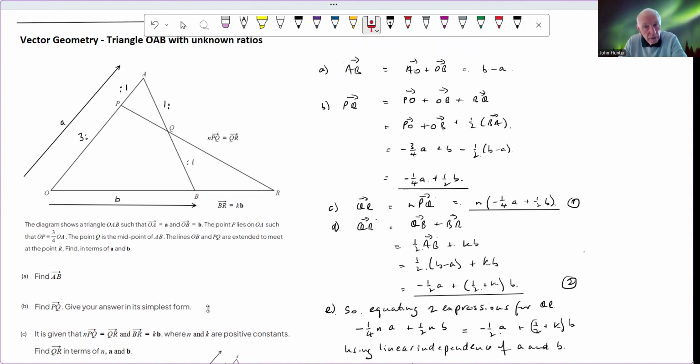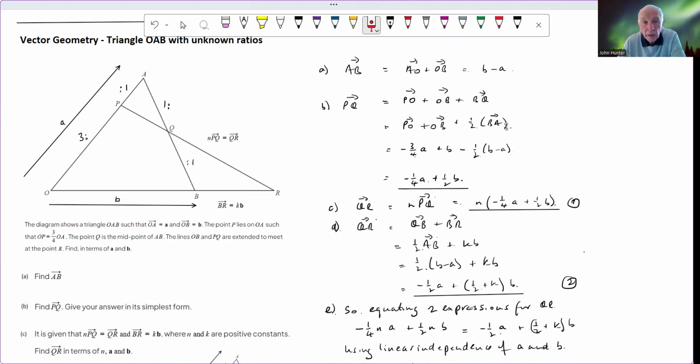But on other problems, you may just be asked to find vector QR, in which case you would have to define these ratios for yourself and observe that by doing this, we can find two different expressions for QR. Okay, so that is that.